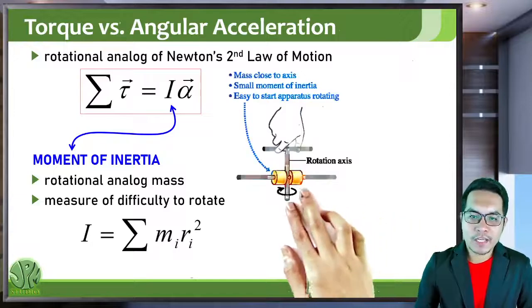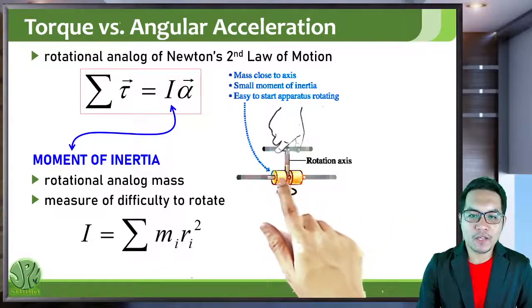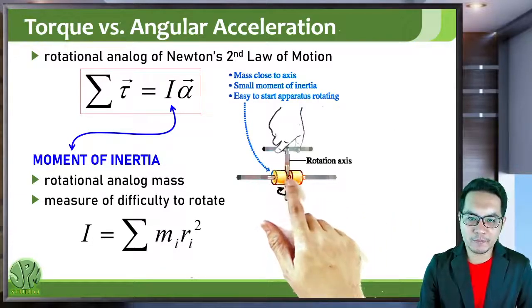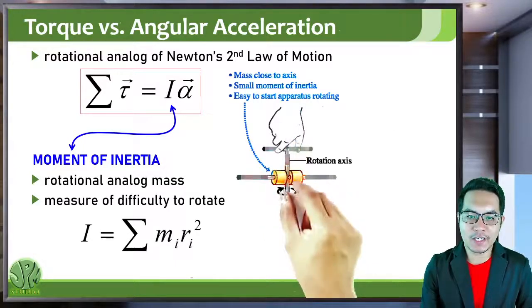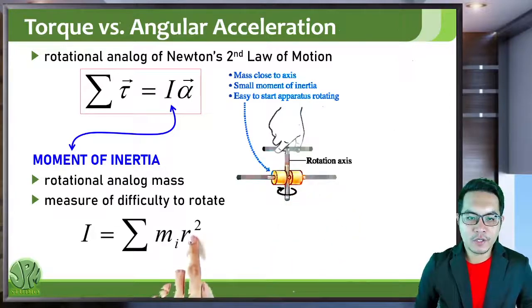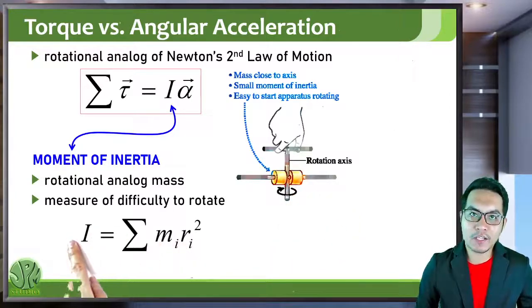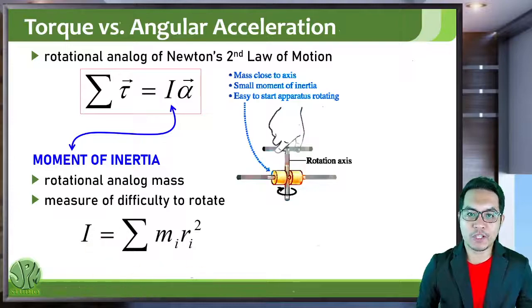So for example, you have two masses, say m1 and m2, and basically they're just the same. Now, if the radius r, the distance from the rotation axis, is very small, then I is also small. You have a small moment of inertia. In that case, it's easy to rotate this object, or in this case, this apparatus.